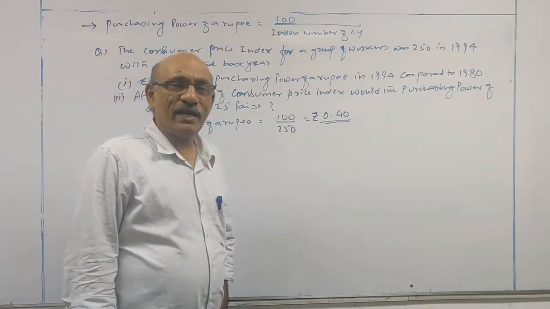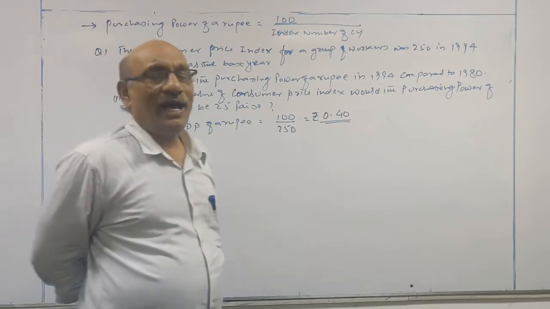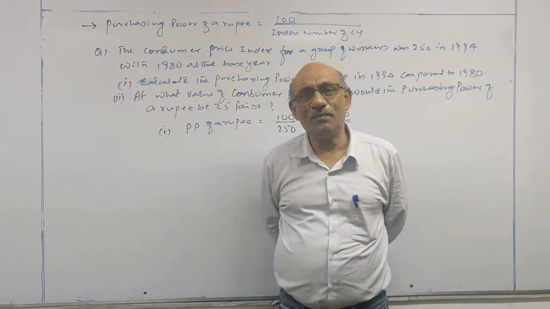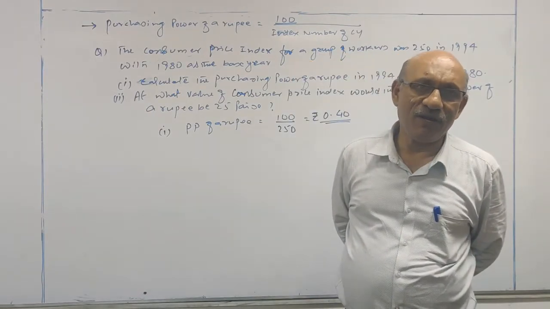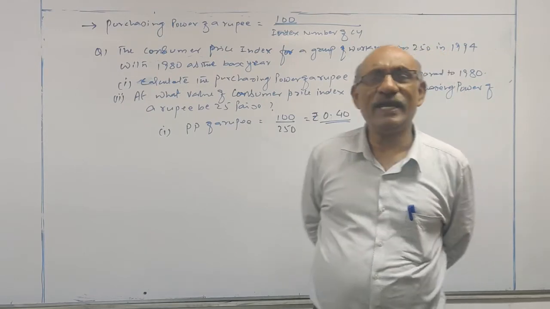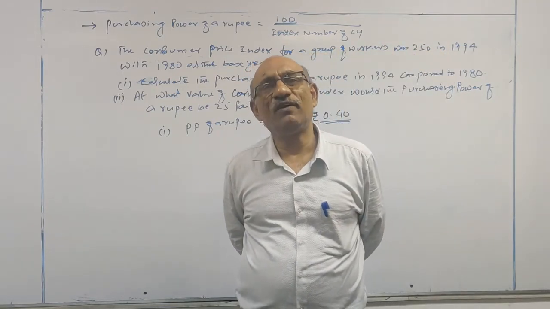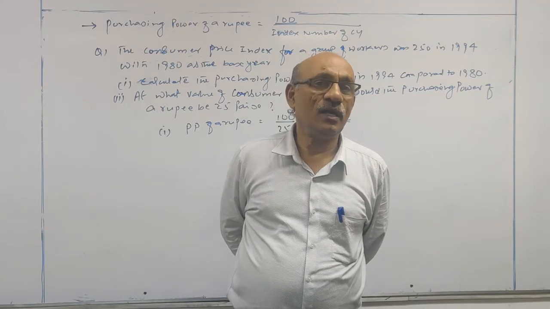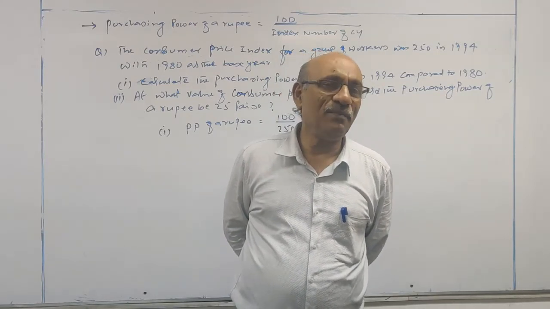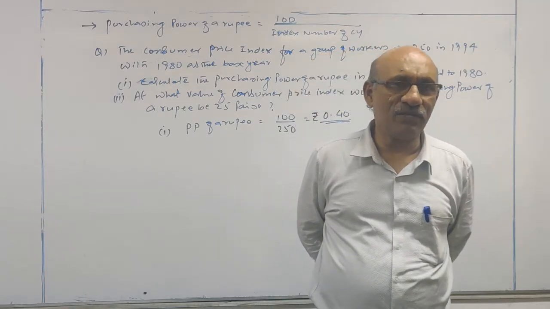So the interpretation is: an item which was available for 40 paisa in the base year is now available for 1 rupee, or any item which you are purchasing for 1 rupee now had a price of 40 paisa in the base year. This way you have to take the interpretation.